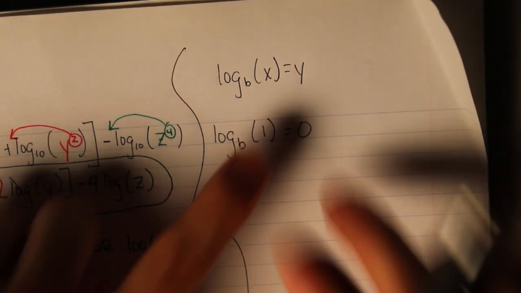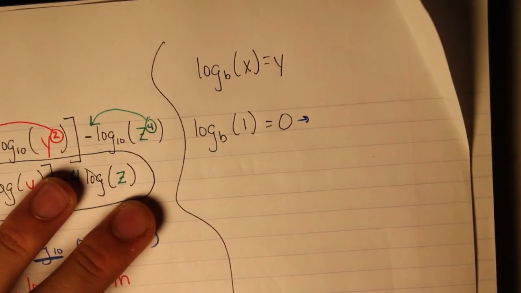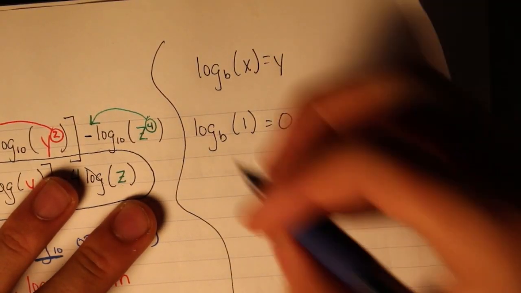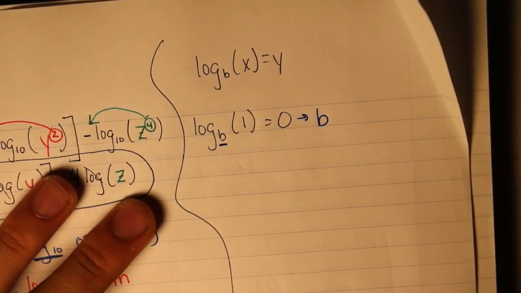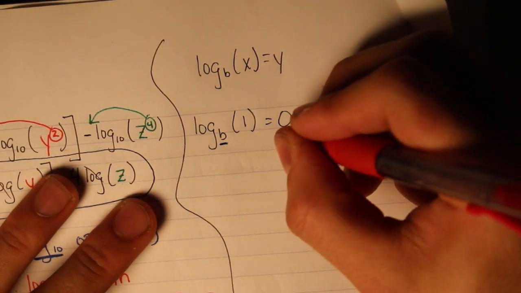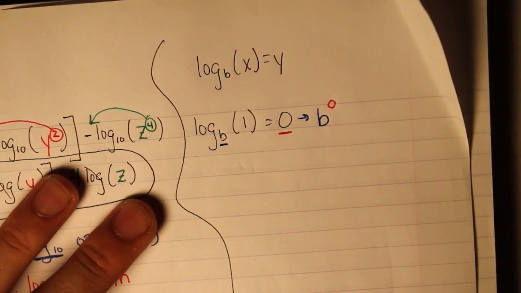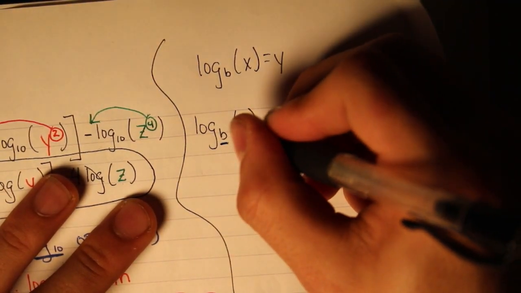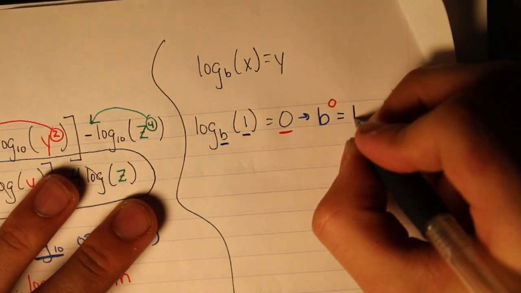Same concept. Another way to think about that is if you were to move it into exponential form. Our b becomes our base, our y becomes our exponent, and our x becomes our answer.